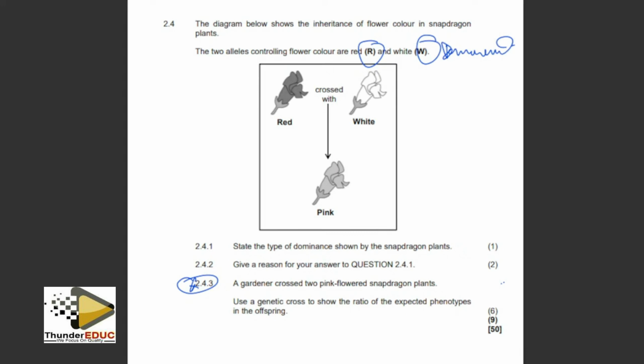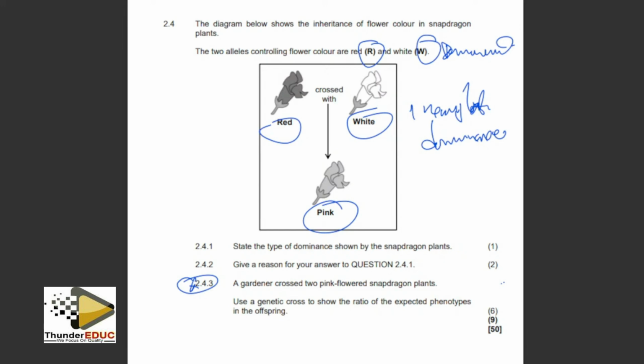Now they're saying red cross with white produce pink. You see, they have 3 phenotypes. The moment you have 3 phenotypes, it means that it is incomplete dominancy.